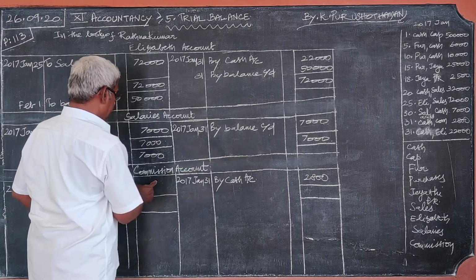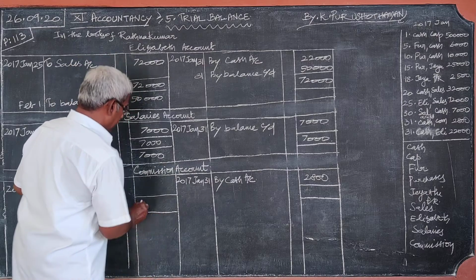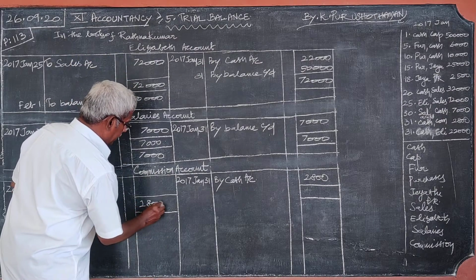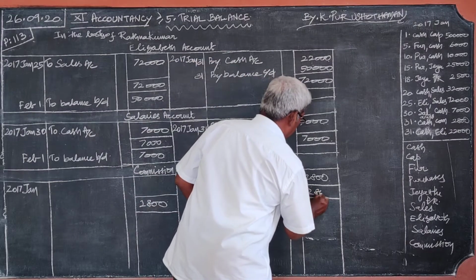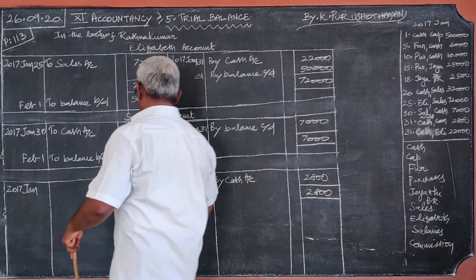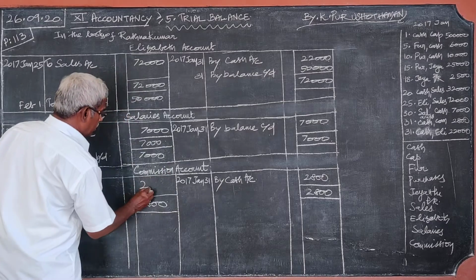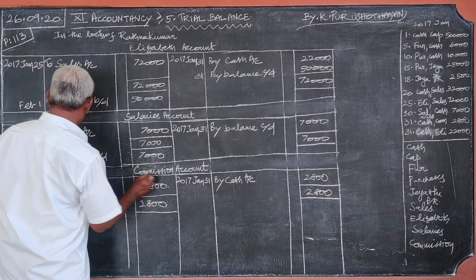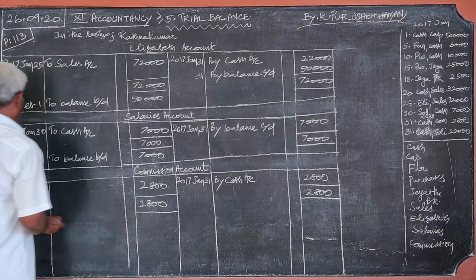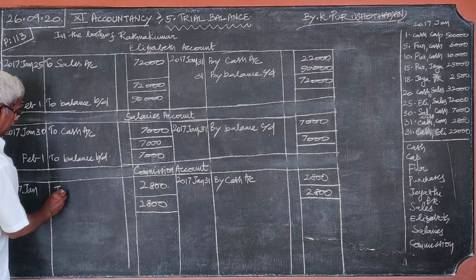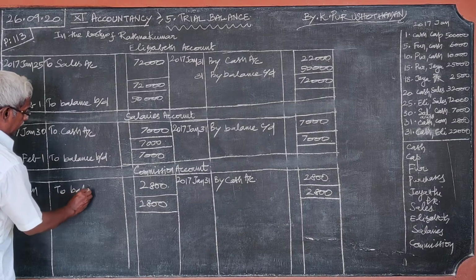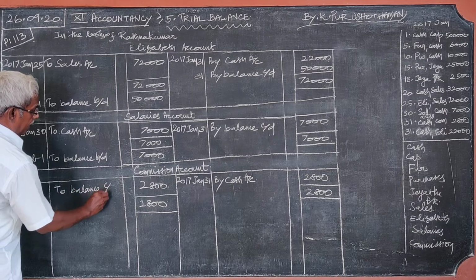Here 2,800, here 0. Therefore, you write the greater total on both the sides. Here is the missing amount. How much? The entire 2,800 is missing. What is the last date? This we should write the balancing figure to balance carried down.